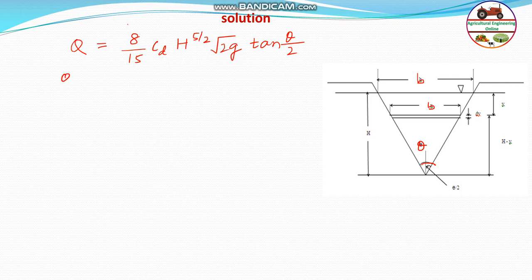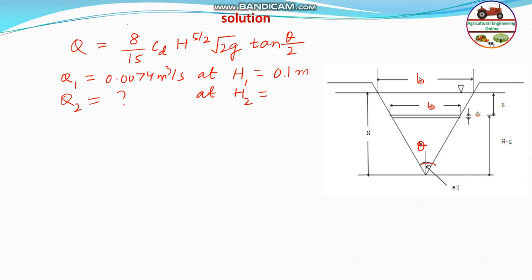First of all, discharge Q1 is given, that is 0.0074 meter cube per second at a head, let it be h1, that is 0.1 meter. Q2 is given, that is 0.1 meter cube per second, and the head h2 you have to calculate.